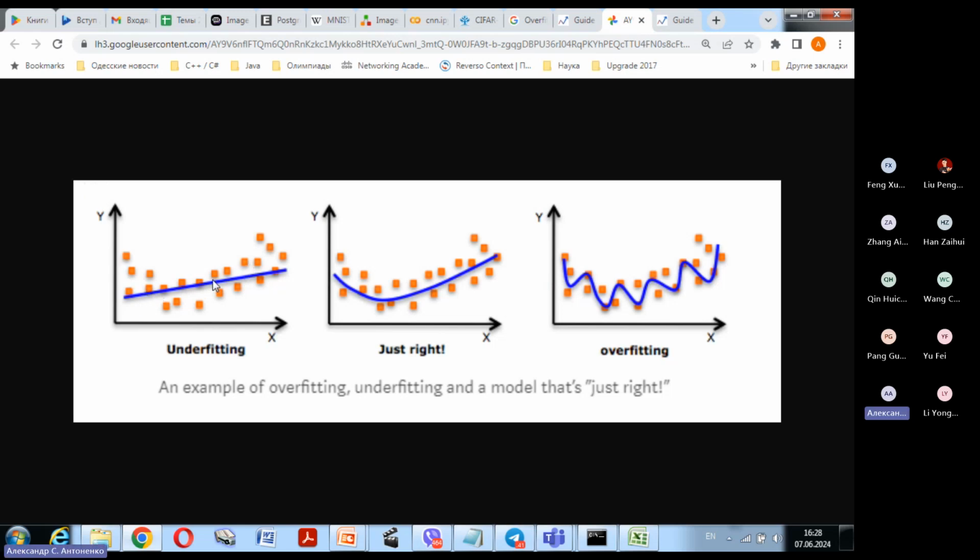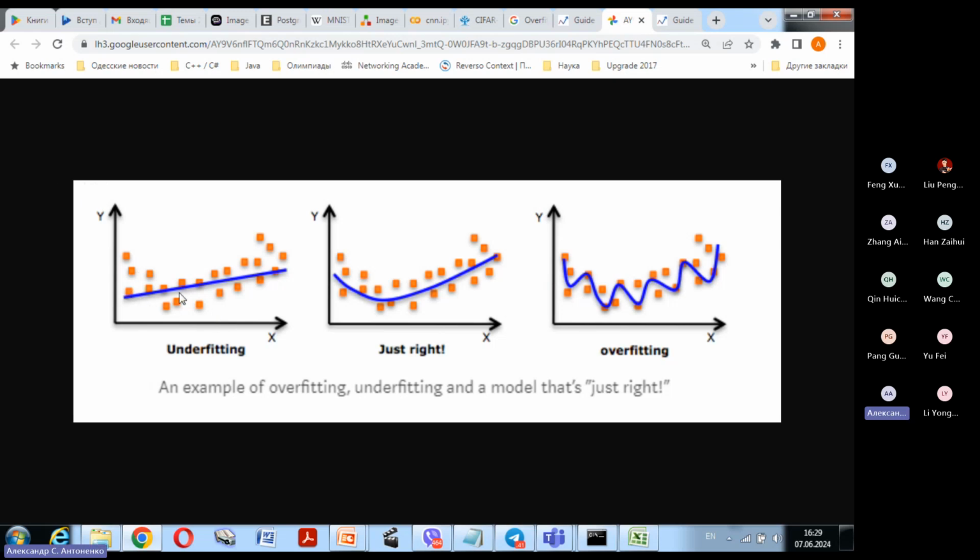It's like we need to understand how some parameters change over time, for example. How parameter x is linked with parameter y.